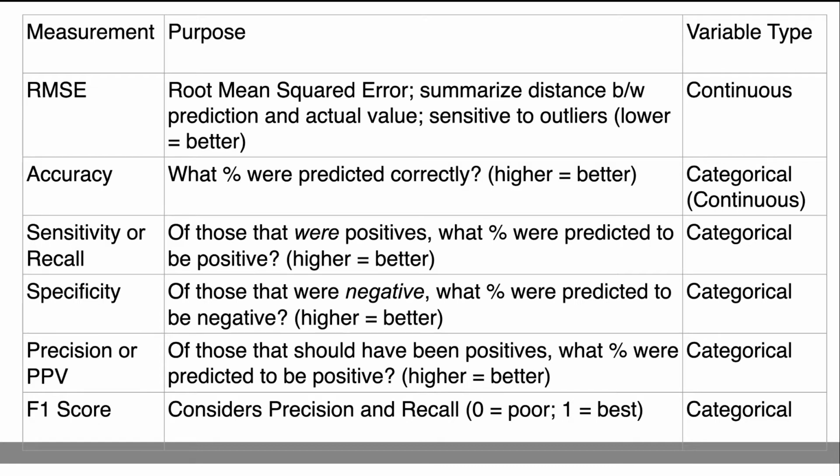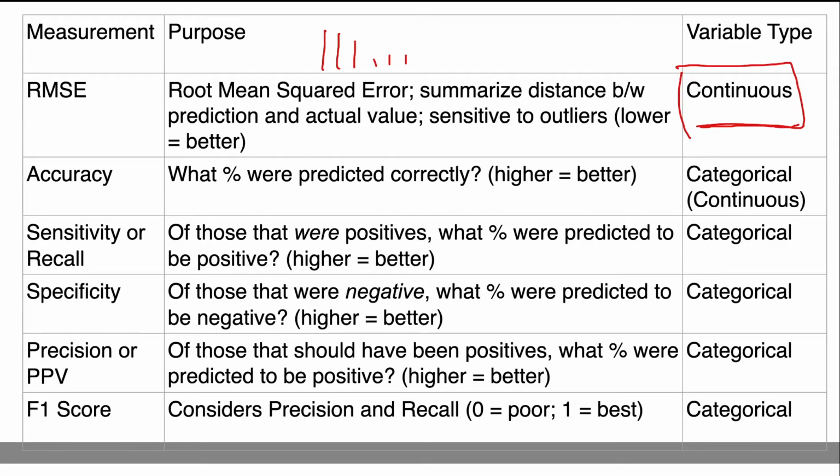So as you can see in this list, there are reasons to use them. If you're after continuous data, like from a regression, then something like root mean squared error is going to be your cup of tea. The sum of squares error that I was talking about was summing up all those little lines, all those little errors.